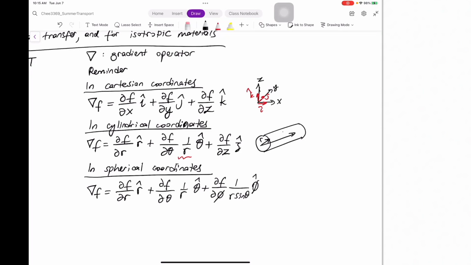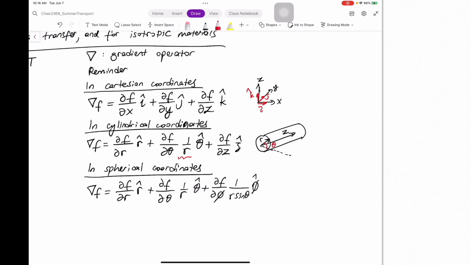This is your z direction. And this is your theta direction. Let's make this your base. This is your theta. So you can define any point using r, theta, and z in cylindrical coordinates, and you can define any point in the Cartesian coordinates using x, y, and z, as you know.